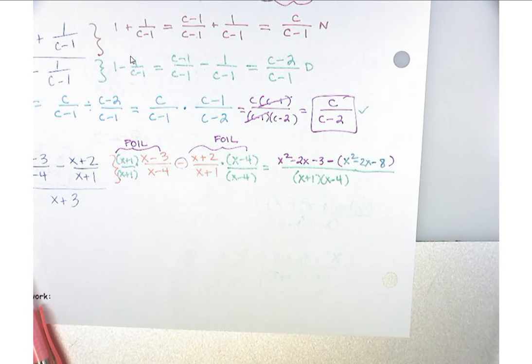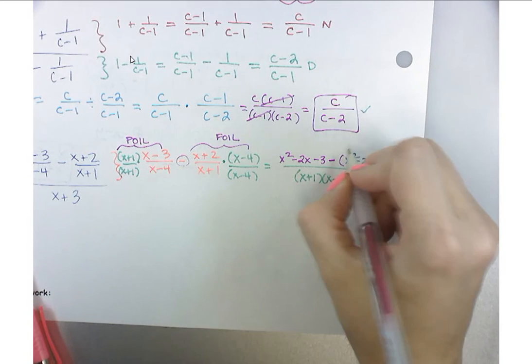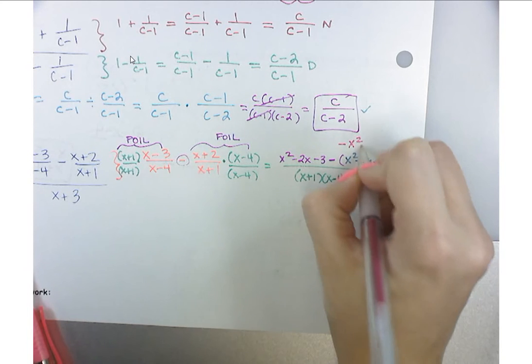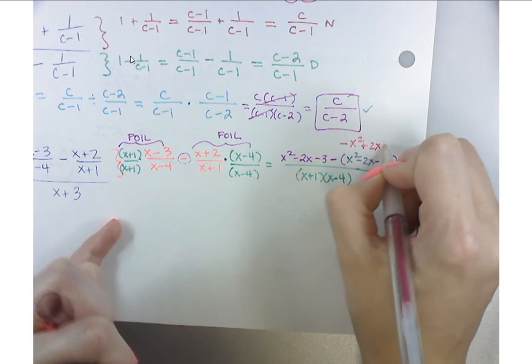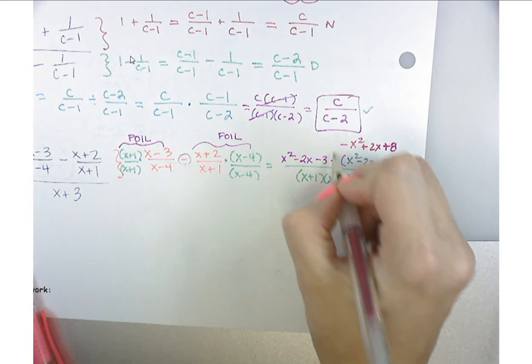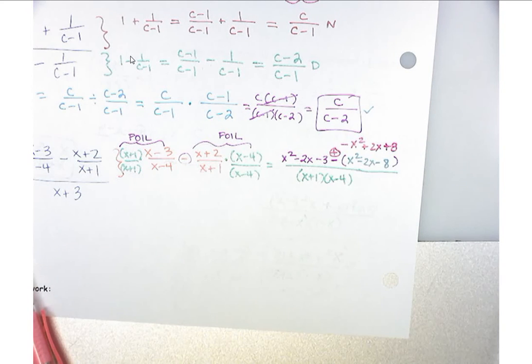So then, like I said before, what I'll often do is I'll distribute and then put that above. So if I distribute my negative, this becomes negative x squared. A negative times a negative becomes positive, and then positive. Okay, so what I'll do is I'll just change this to a plus, and then I'll combine my like terms.